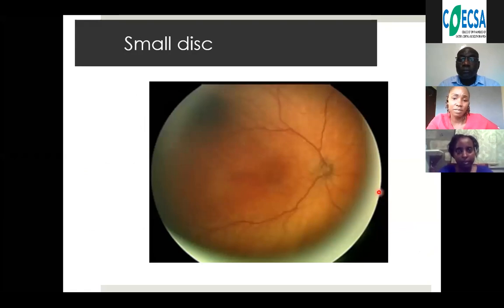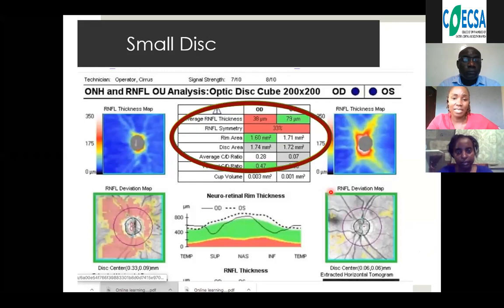This is a patient with a very, very small disc. If you do an OCT on a disc like that, you can see when you compare this patient's right eye and left eye, the right eye has glaucoma. The RNFL thickness is very low. Remember, we said it should be between 90 to about 115. You can see the right eye is at 30. The left eye is at 79.